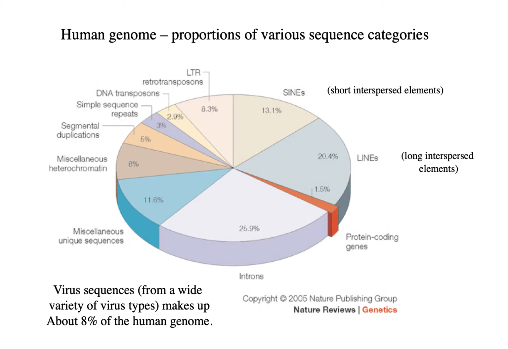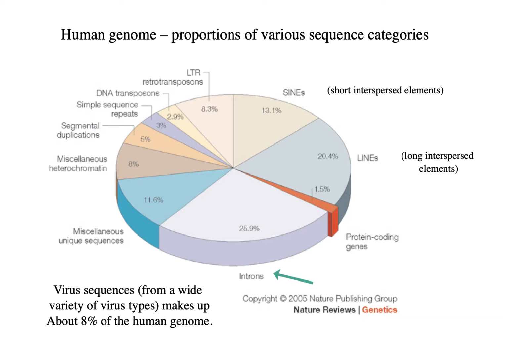In your own genome, the human genome, there are LINEs and SINEs, which are non-LTR retrotransposons. There are LTR retrotransposons and DNA transposons. So altogether, those make up 45 to 50% of the genome. Only about 1.5% of the genome is made up of mRNA genes.